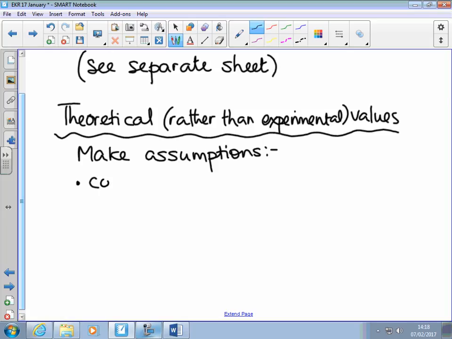Now, you've got to think back to bonding. Do you remember we talked about electronegativity differences? We started with the idea that if there wasn't much difference, you would have a pure covalent bond. If the difference was slightly bigger, you'd have the polar covalent bond.